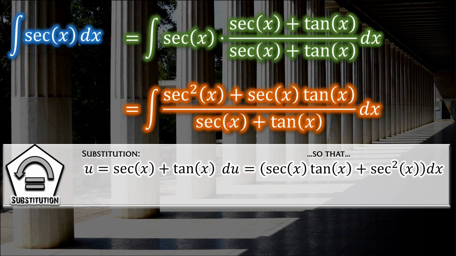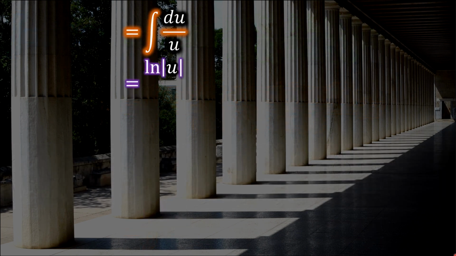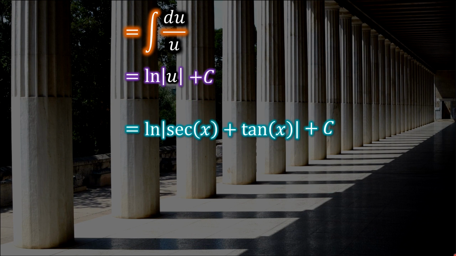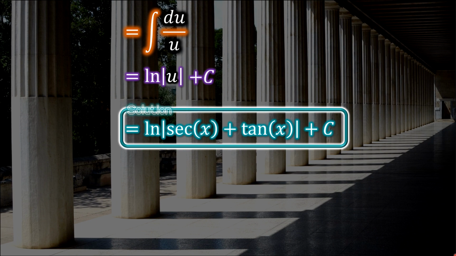The derivative of this ends up being this piece, the derivative of this ends up being this piece, and everything just works out so perfectly. This ends up being just the integral of du over u, which is, again, the natural log of u plus c. And subbing u back to be secant x plus tangent x gives me the integral of secant. So now we've got those.